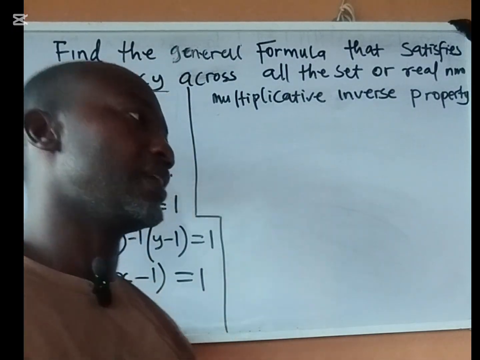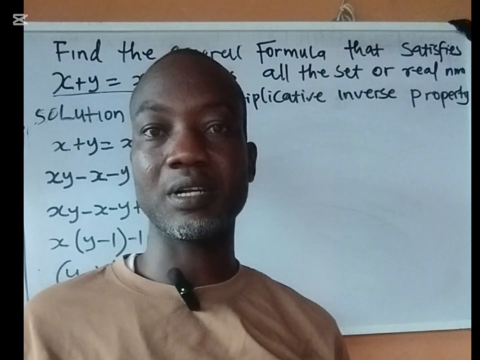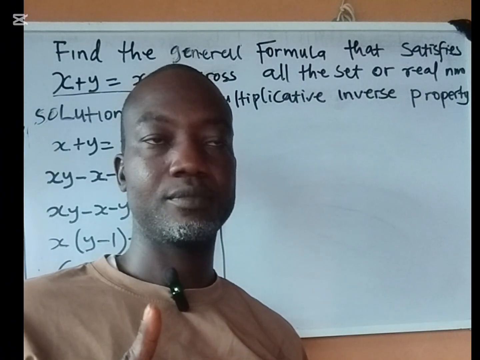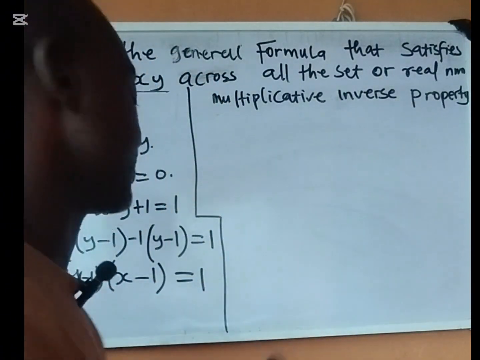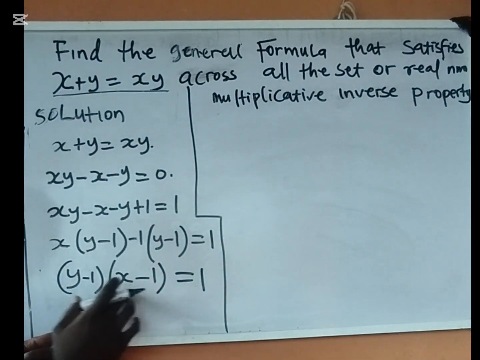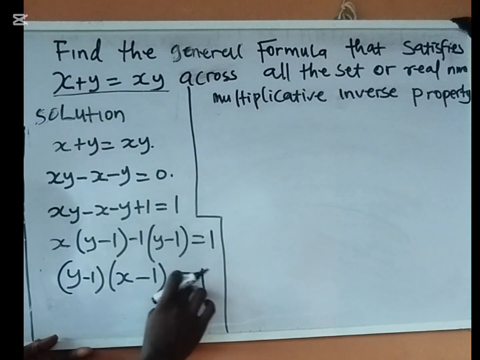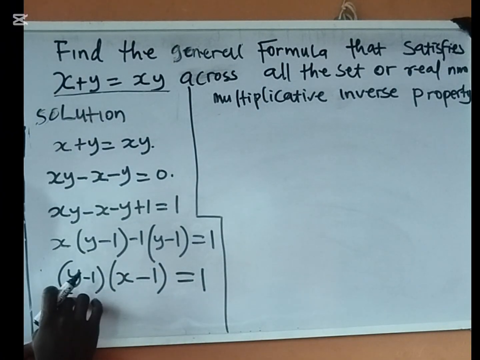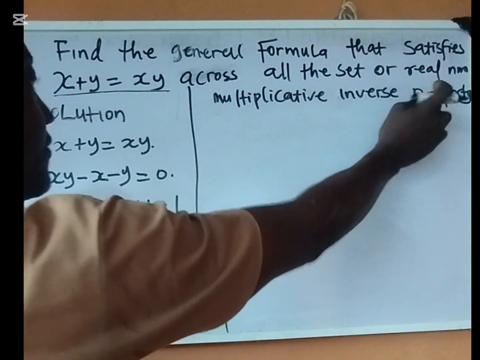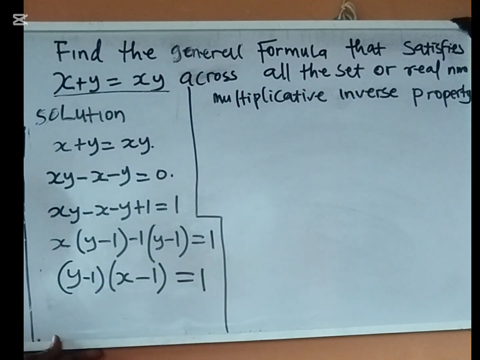What it simply means is that any number multiplied by its reciprocal is going to give you 1. Now, if you look at these two terms multiplying each other here, it is equal to 1. So I can apply the multiplicative inverse property here to get a formula.